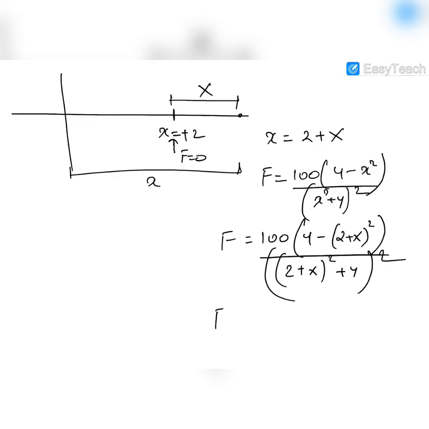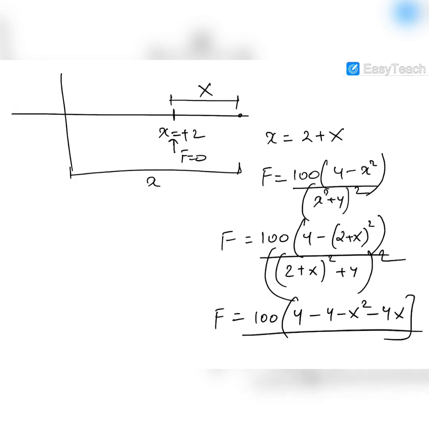So minus 4 minus X square and minus 4X, divided by 2 plus X whole square plus 4.